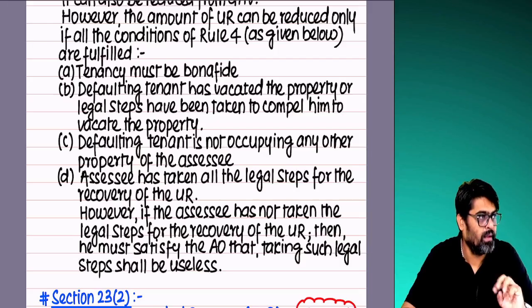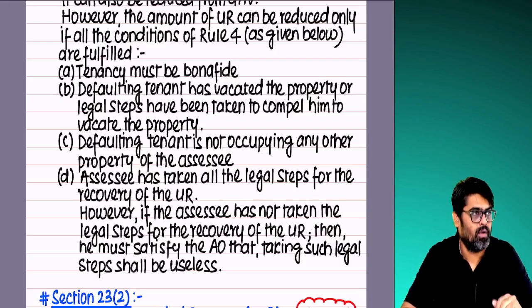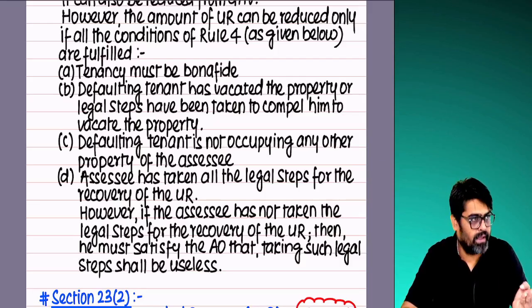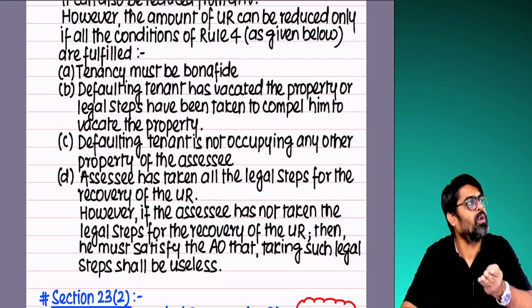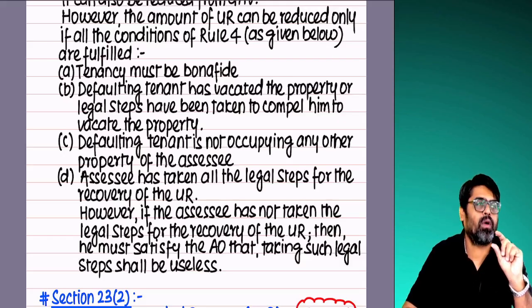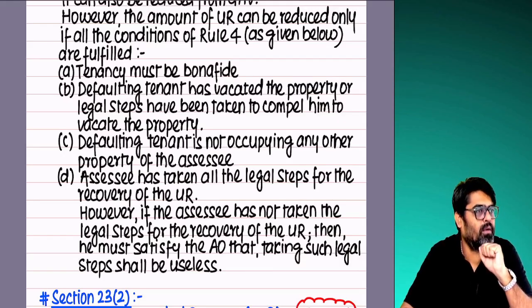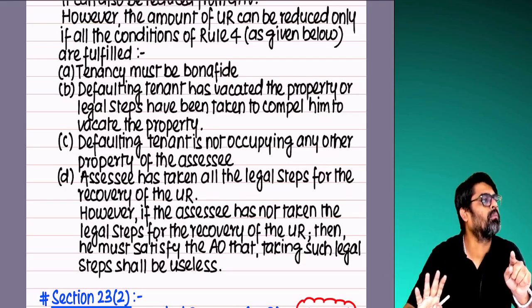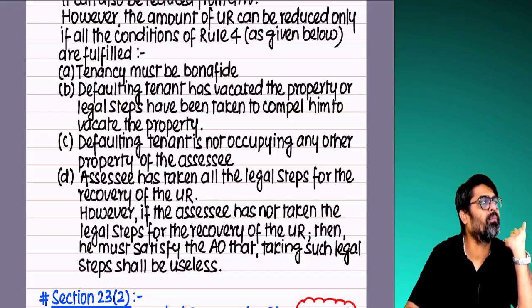Number 2, the tenant who has not paid you unrealized rent, we call him defaulting tenant. From that defaulting tenant, you have to vacate your property. Tell him to vacate your property.